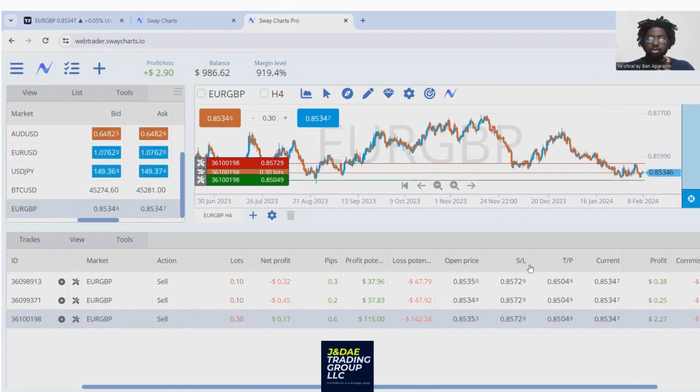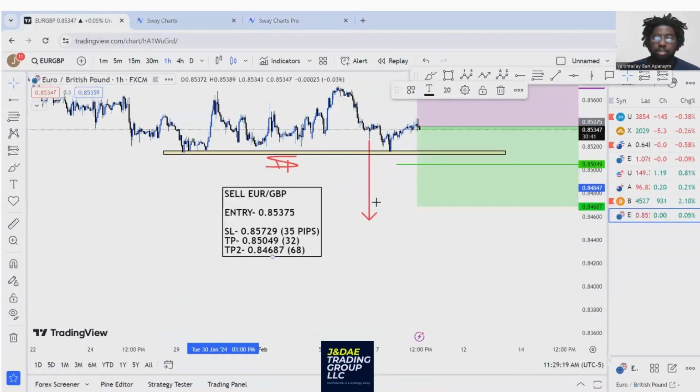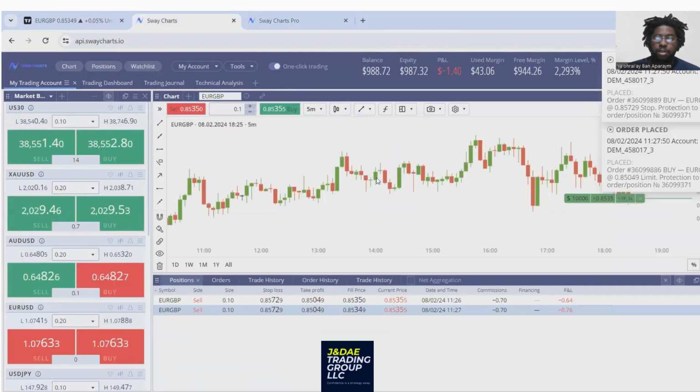As you can see, TP here, SL. And it also tells me my potential based on my lot size and what I'm using. It's saying if I win this trade, I will make $115. If I lose, I'll lose 142. Same for these others. Now, obviously, your risk seems greater than your take profit one. I'm just using this for an example, guys.